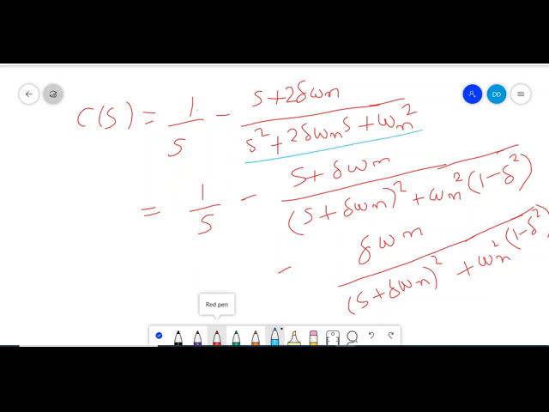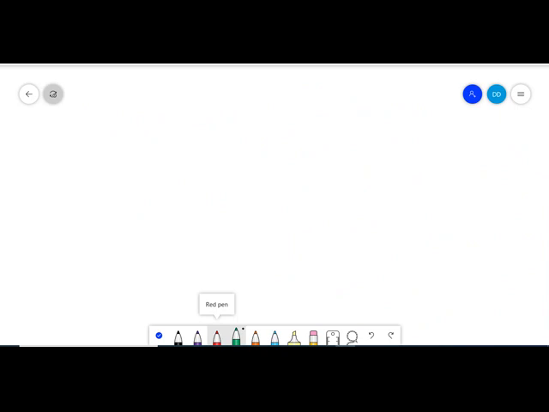So this particular second term we split into two, this and this one. So we have three terms here: first term, second term and the third term. Now we go for applying the inverse Laplace.